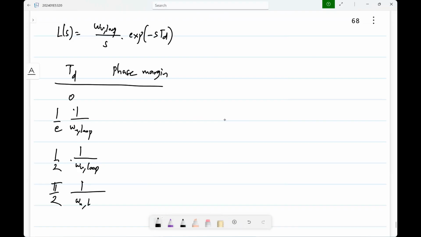Please calculate it. This is actually a very simple calculation. Give me the phase margin for all these cases.